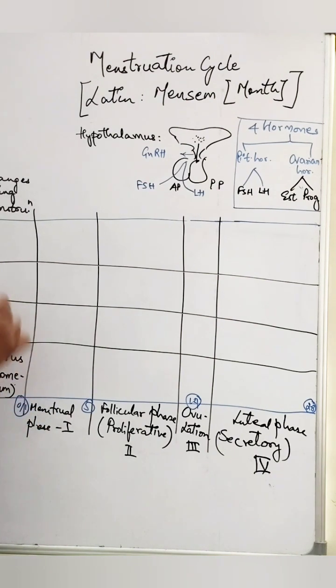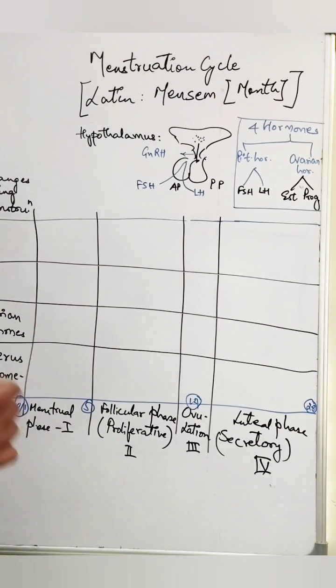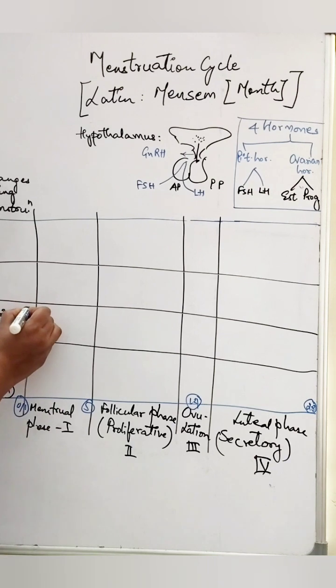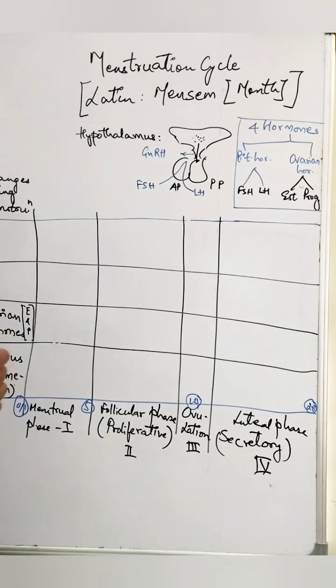Second are the ovarian hormones. We know that there are two types of hormones, one is estrogen, one is progesterone, so I'll write here E and P. Third is what happens to the ovaries.